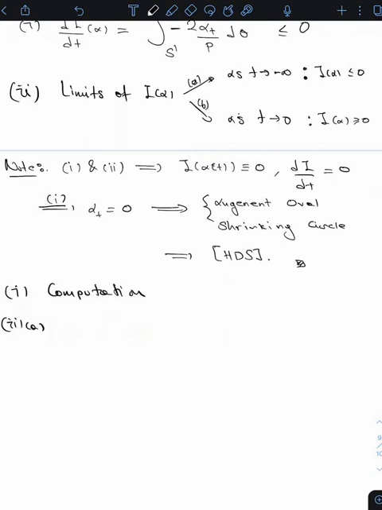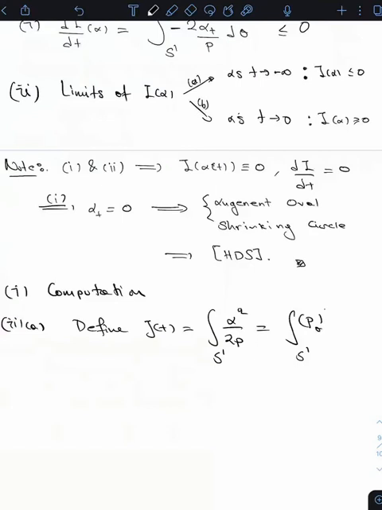We will define another function, which I'm going to call J(t), the integral of alpha squared over 2p. Now I'm going to write what is alpha, this is p_theta over 2p.